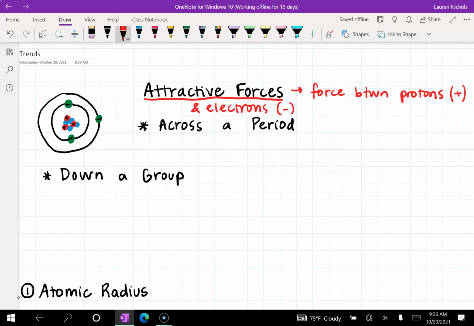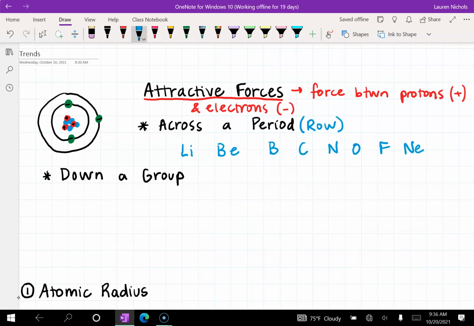Now, when you look at the atoms in a row or a period, so remember a period is the same thing as a row, let's compare a couple of elements. So let's look at lithium, beryllium, boron, carbon, nitrogen, oxygen, fluorine, and neon.